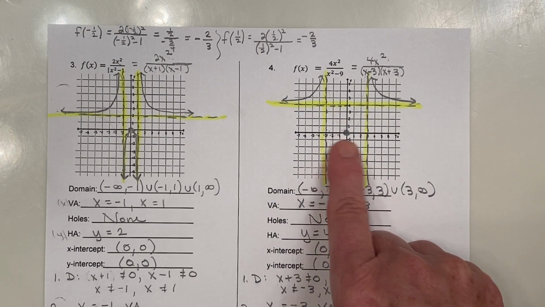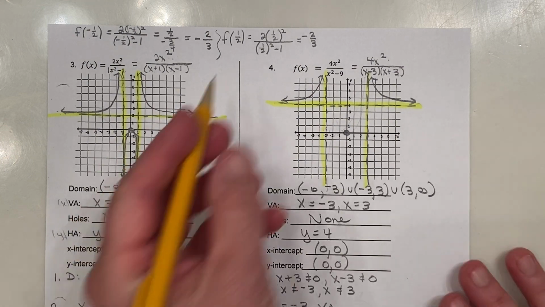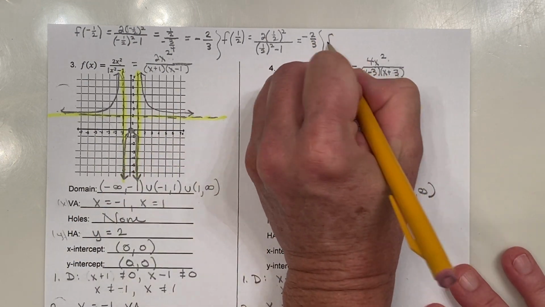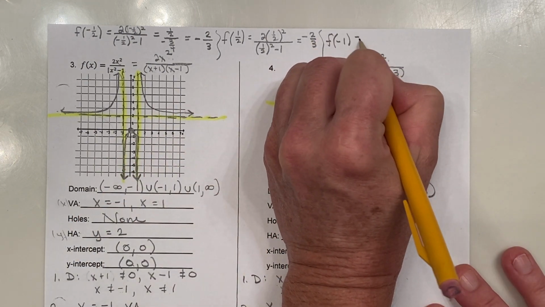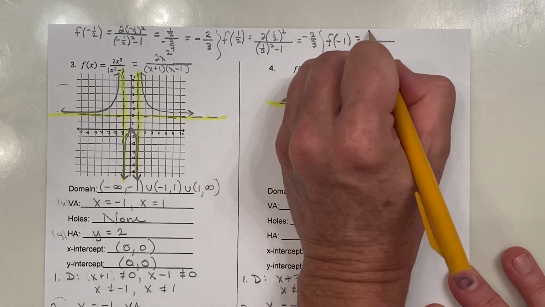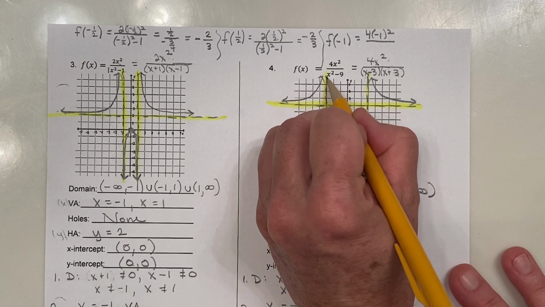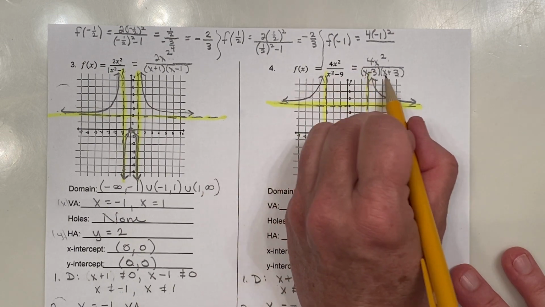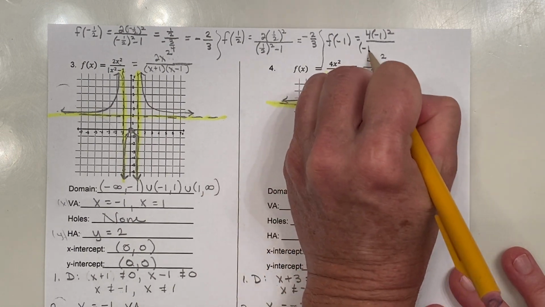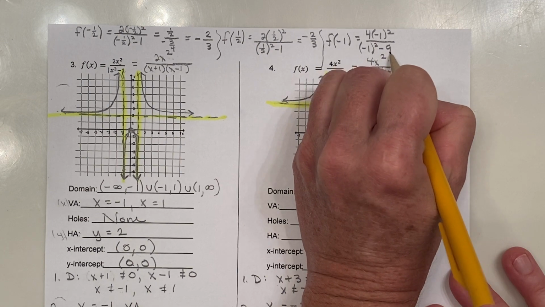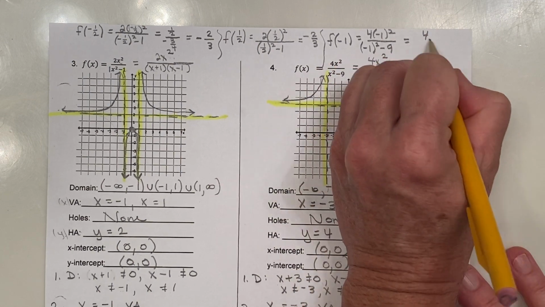I'll probably plug in -1 and +1. So let's see if I have room up here. So f of -1 is 4 times -1 squared over, I'll go back here. I guess I could plug -1 in this version too, doesn't really matter, but I've got a calculator. So on top I've got 4.